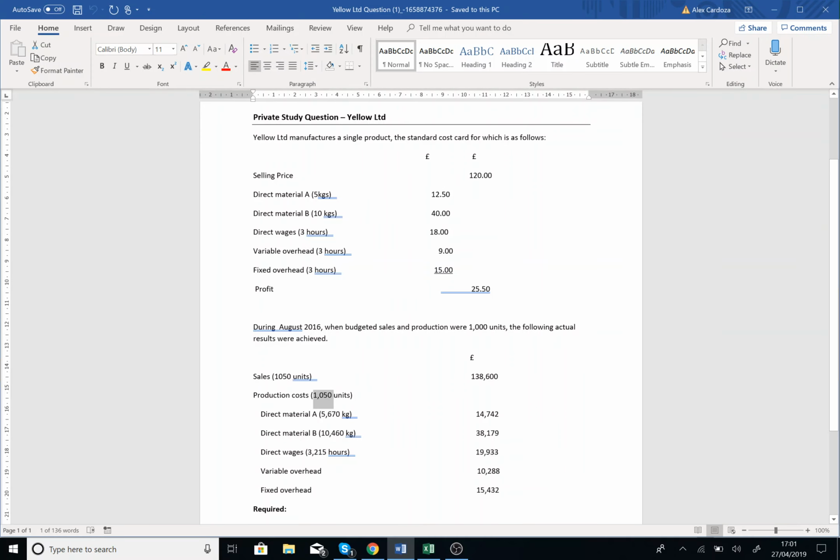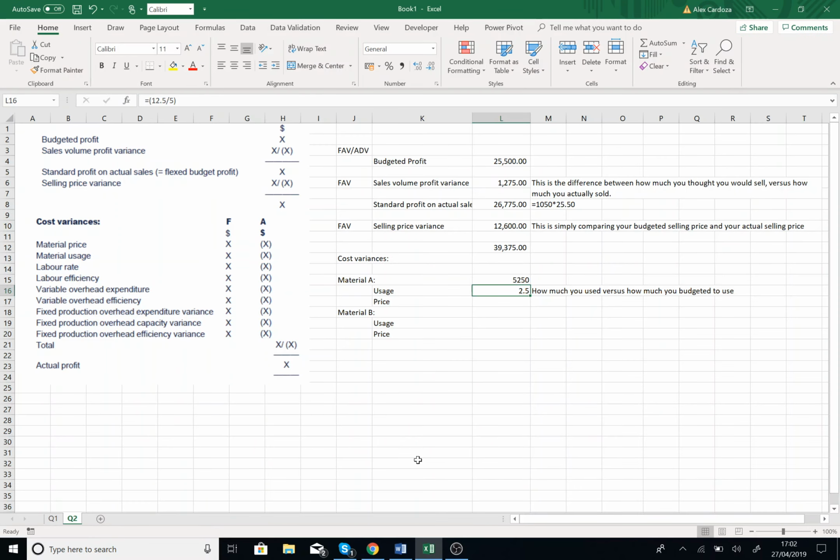You actually used 5,670. So what that says is your usage variance is much higher. So you've actually got an unfavorable, an adverse usage variance, yeah?